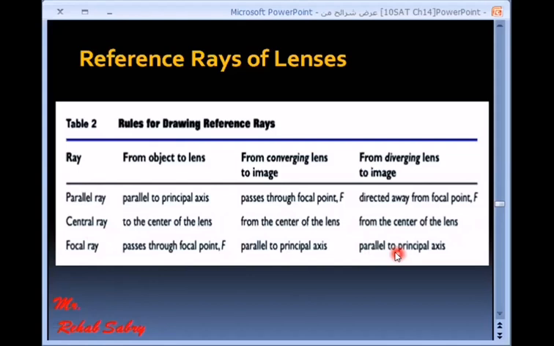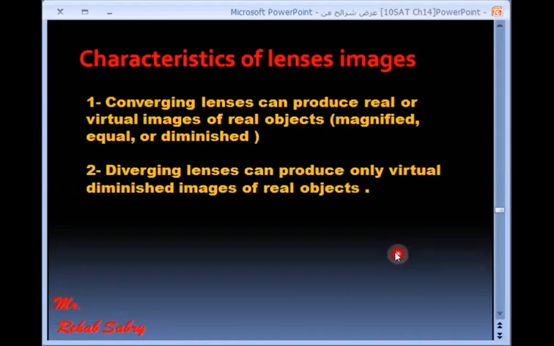Well, now let's talk about the characteristics of the lens images. The converging lens, like converging mirrors, has all the cases of the converging mirrors.